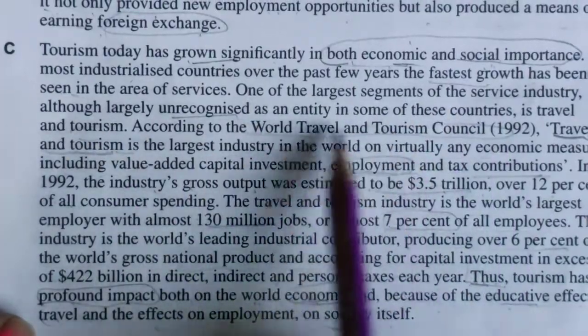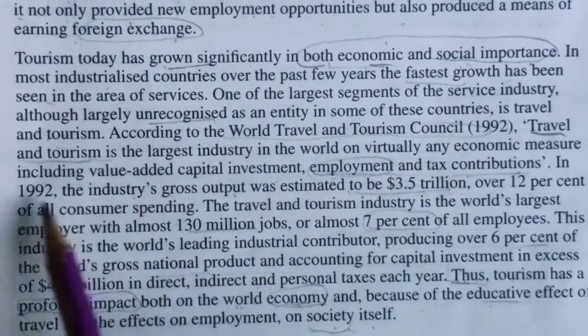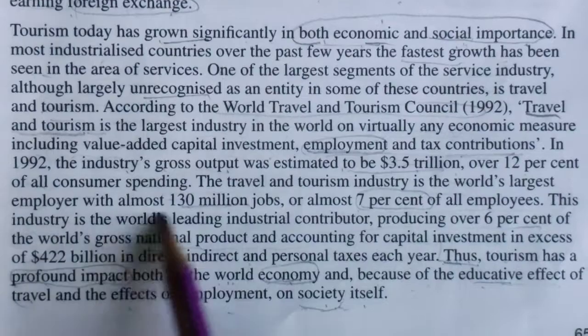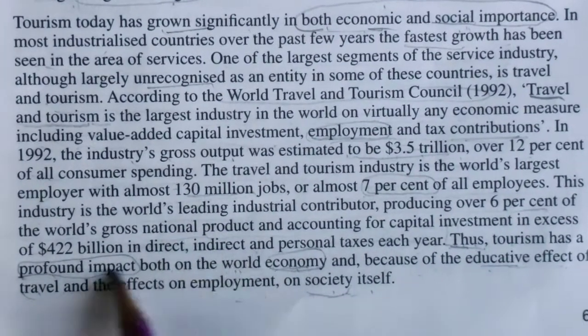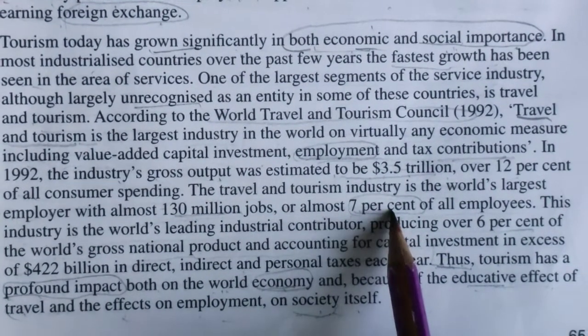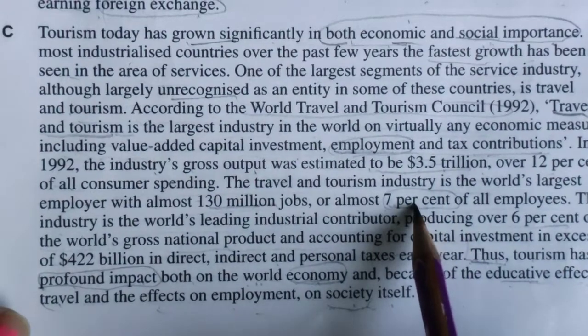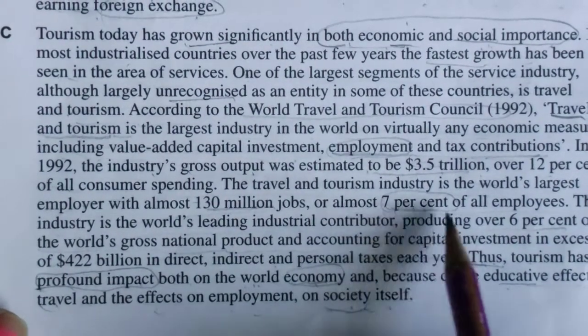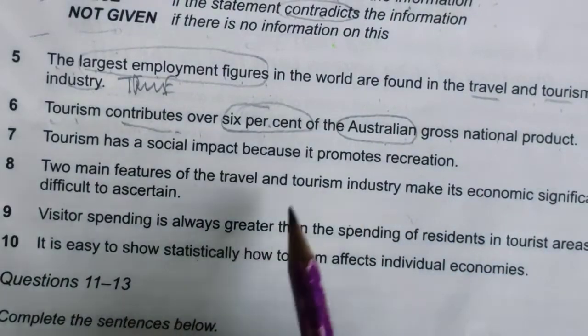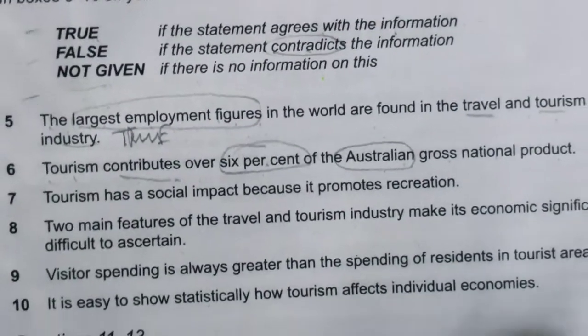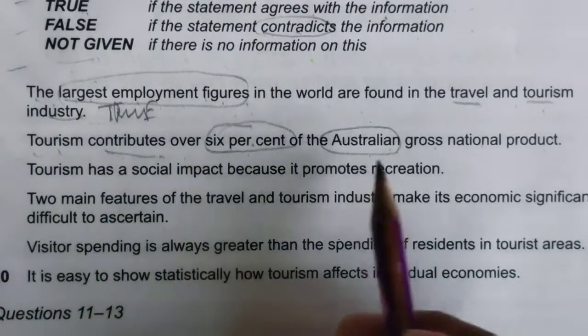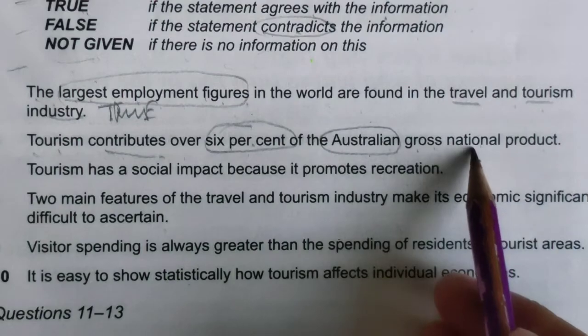So there is nothing about Australia. So they have given percentage of all employees. So what the statement is saying, just a minute. Tourism contributes over 6% gross national product.